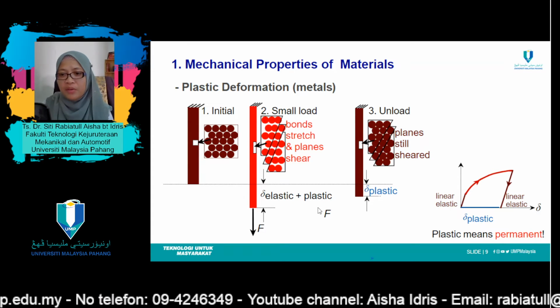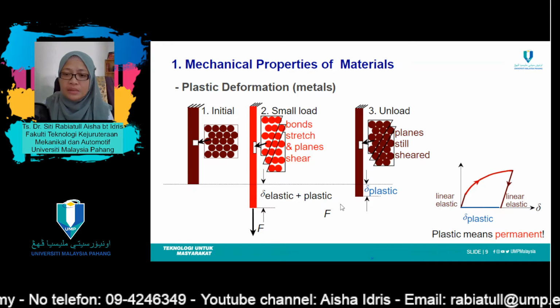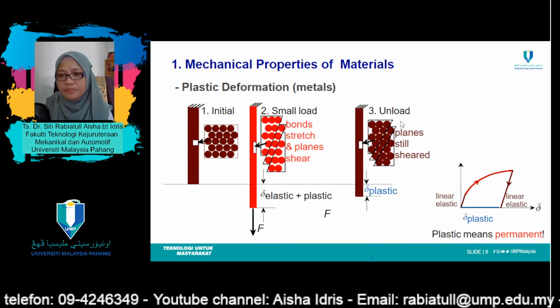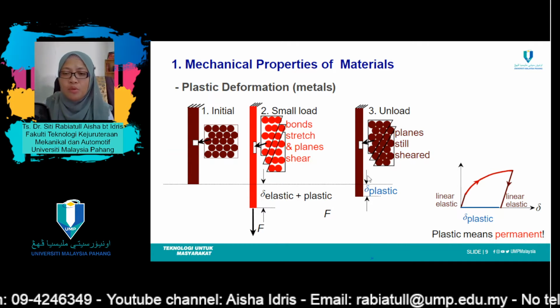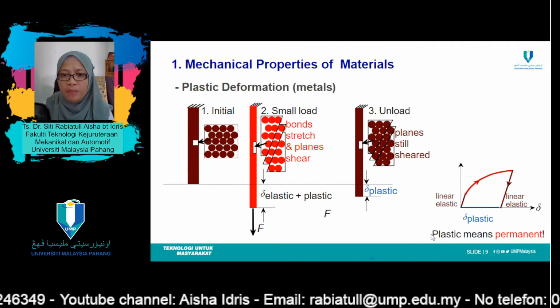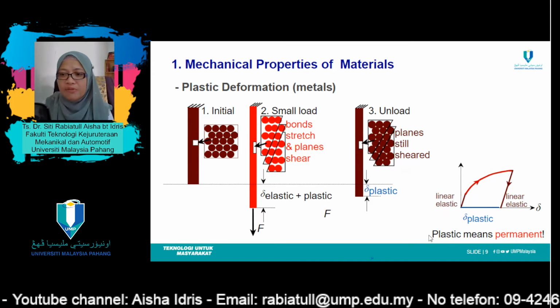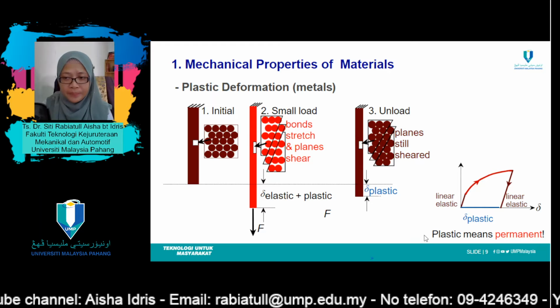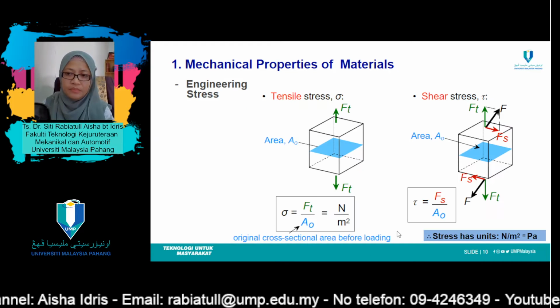After that, even though the force has been released from that material, the material doesn't go back to its original form. So we can say that plastic deformation is actually permanent.